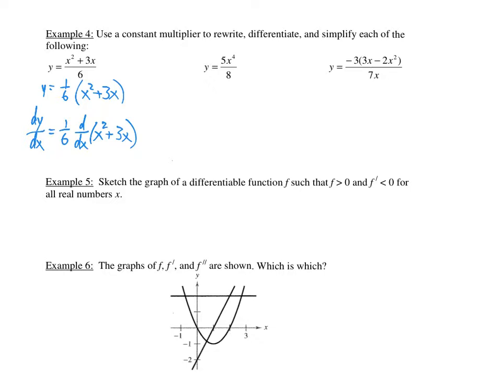Now you don't have to write it out like this, but this is how you can process it in your head. So I'm going to take 1/6 times 2x plus 3, and now I'll distribute the 1/6 in, and I get 1/3 x plus 1/2. And there's the derivative with respect to x.